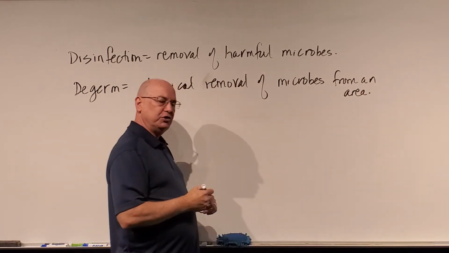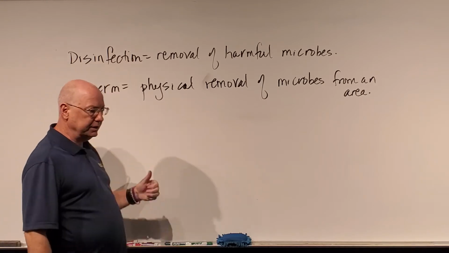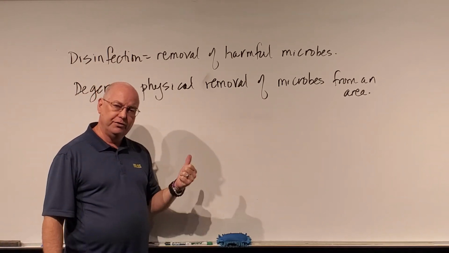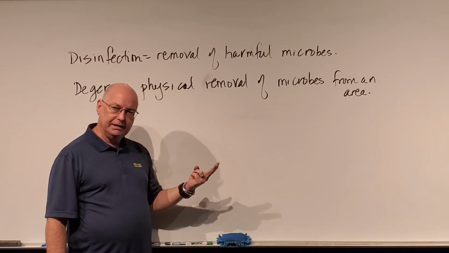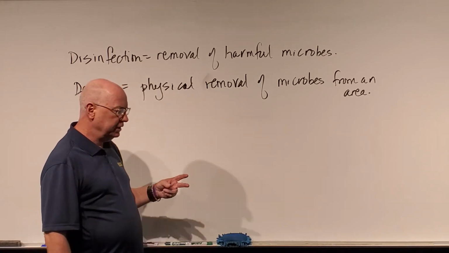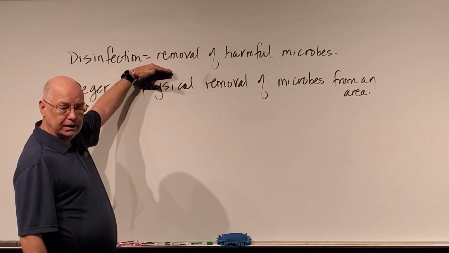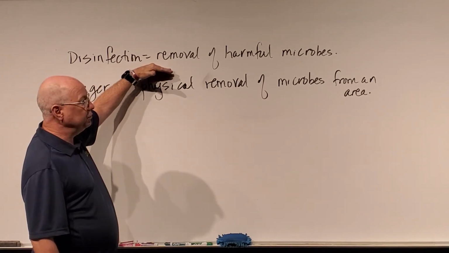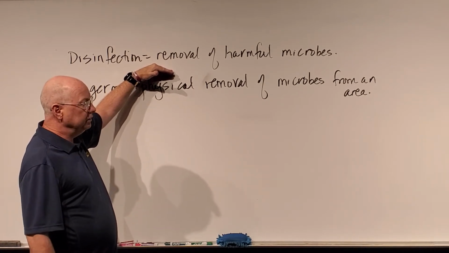For example, if someone's going to scrub for surgery, you use a disinfectant, and that disinfectant can be something like povidone iodine solution, or Betadine solution, which is povidone iodine, or chlorhexidine. And those chemicals can be disinfectants in the sense that they will kill the harmful microbes and even some of the non-harmful microbes.